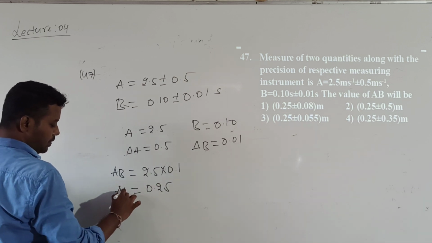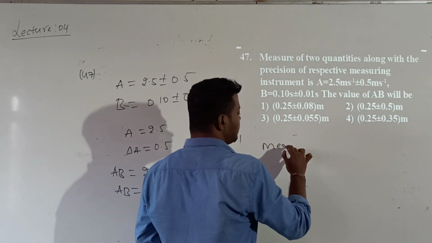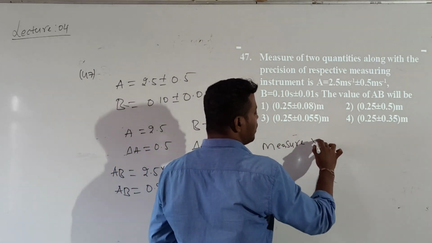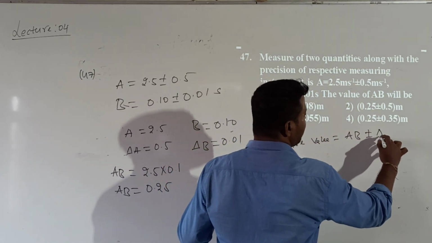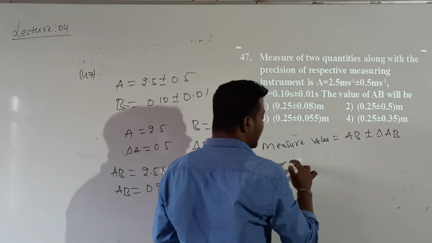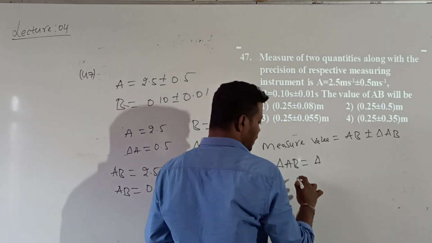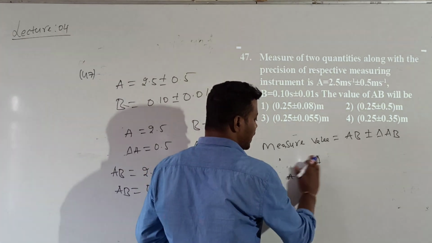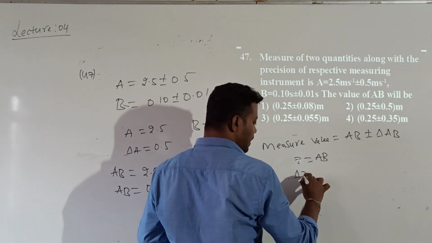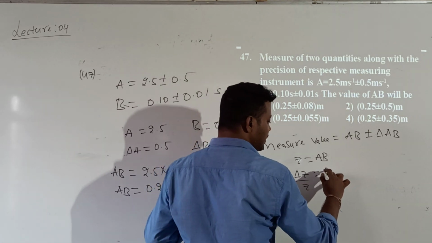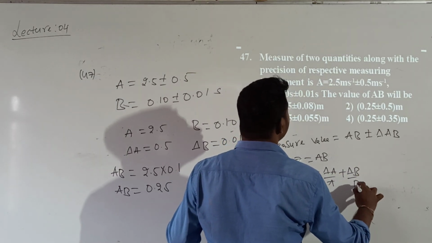That is AB. Now what are they asking? The measured value. So what is the measured value? That is given by AB plus or minus delta AB. So how can I calculate delta AB? Z is equal to AB. What happened to delta Z by Z? Delta Z by Z is equal to delta A by A plus delta B by B. Correct?